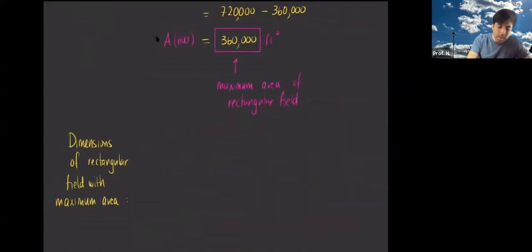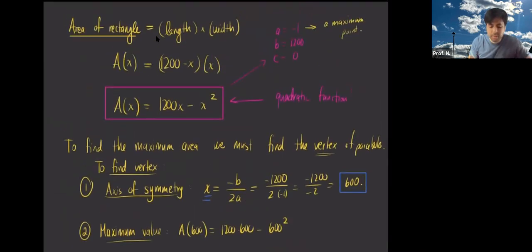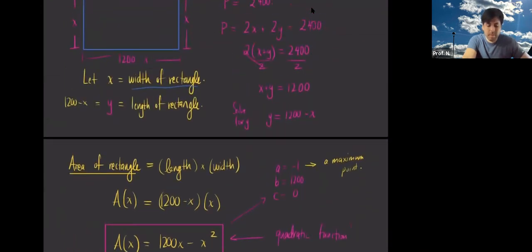So then my width has to be 600 feet. But then what would be my length? If my width is 600, what's my length? Remember, the length of the rectangle is also going to be 1200 minus x, which is 1200 minus 600.